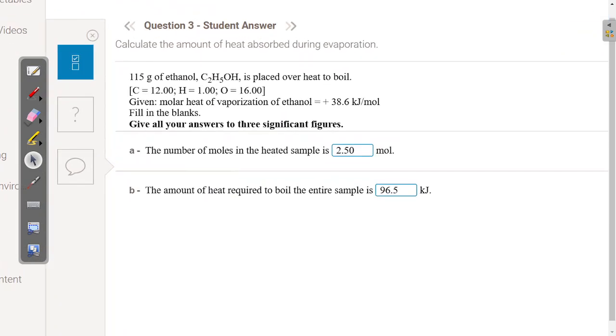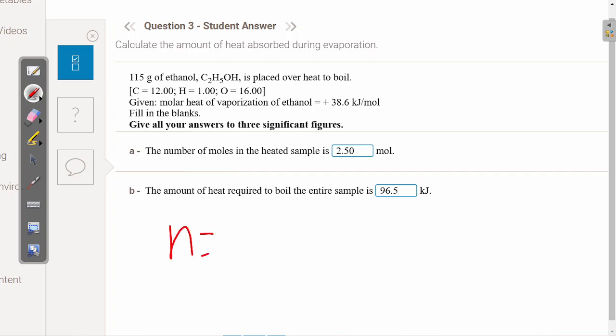115 grams of ethanol is placed over heat to boil. Given molar heat of vaporization of ethanol, 38.6 kilojoules per mole. The number of moles in the heated sample is what? Okay, for the number of moles use n equals m over M. The mass is 115, and then molar mass you can find it.